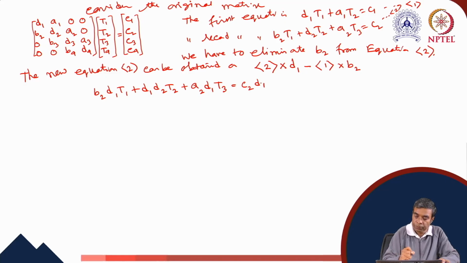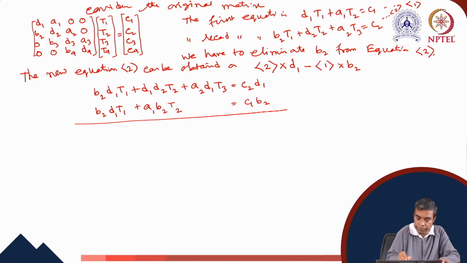And now the first equation multiplied with B2 gives us B2 D1 T1 plus A1 B2 T2 equals to C1 B2.